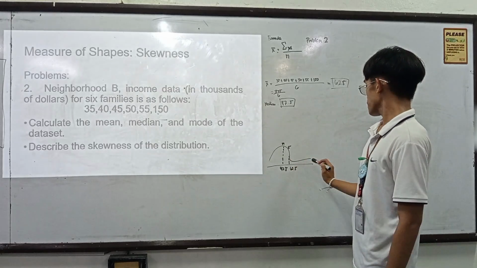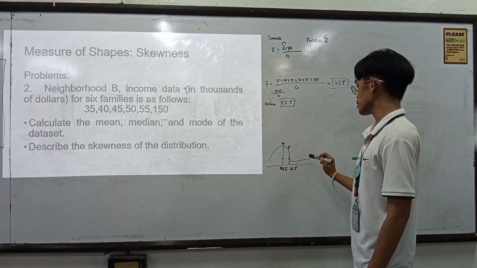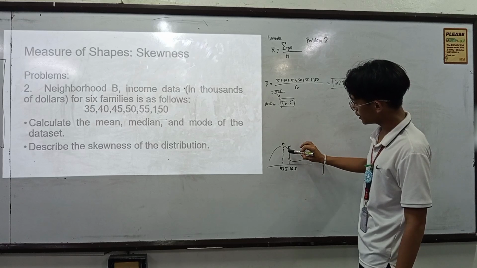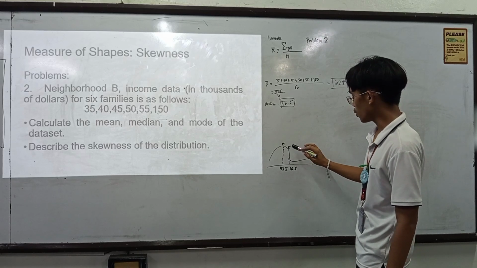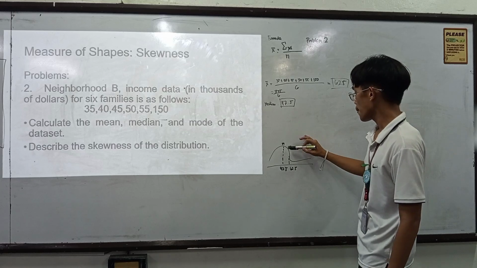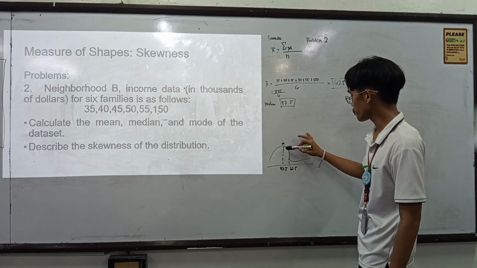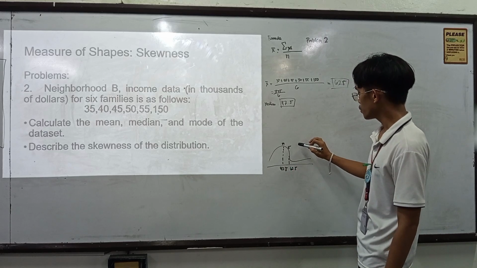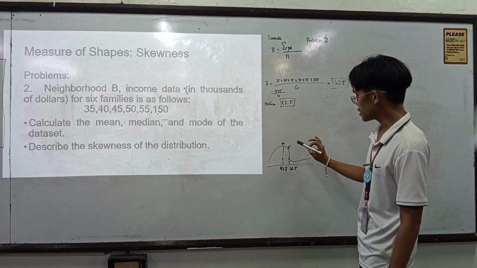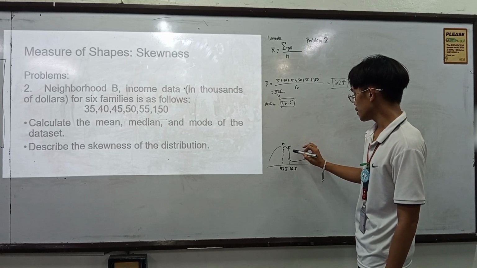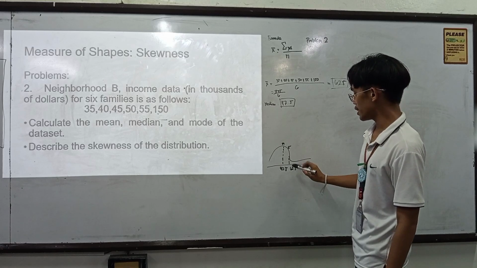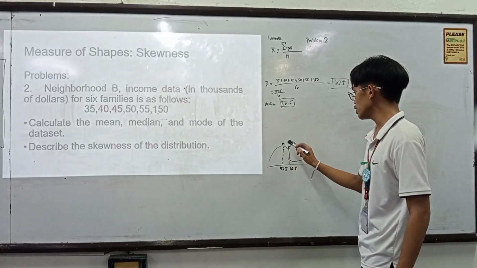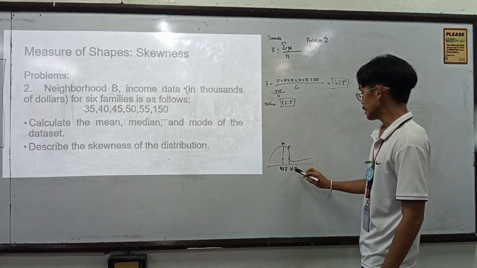And I have prepared a visual representation of this. The median is located here, somewhere in the middle of the bell curve. It represents the value of 47.5. Now, the mean is located here at the right side of the median because the value of the mean, 62.5, is larger than the value of the median.